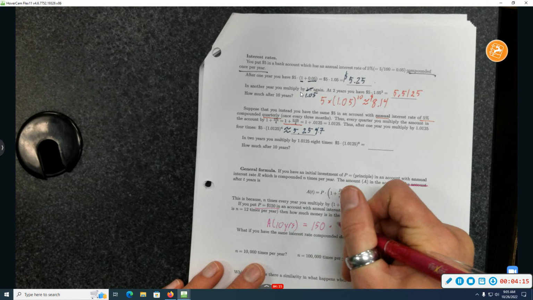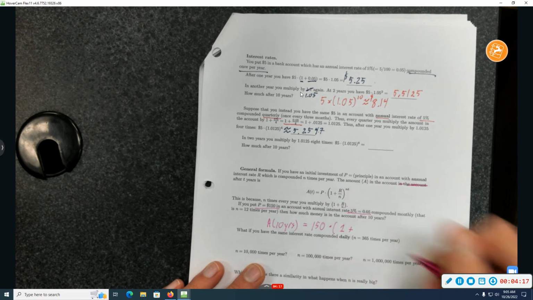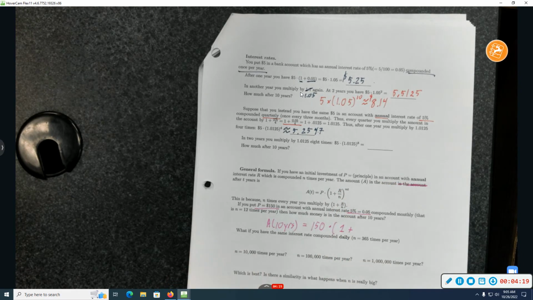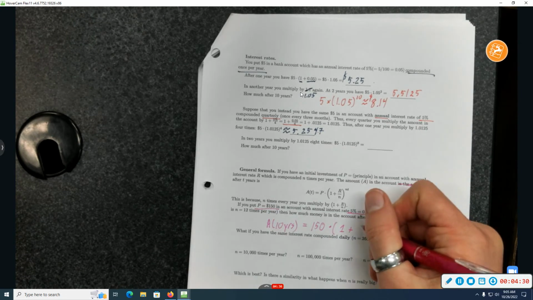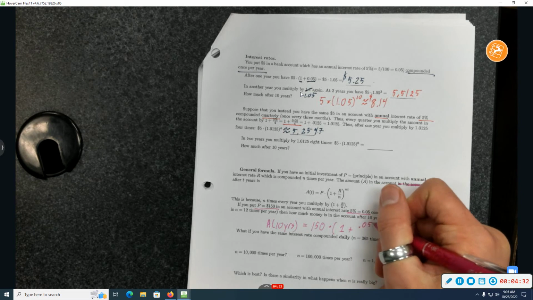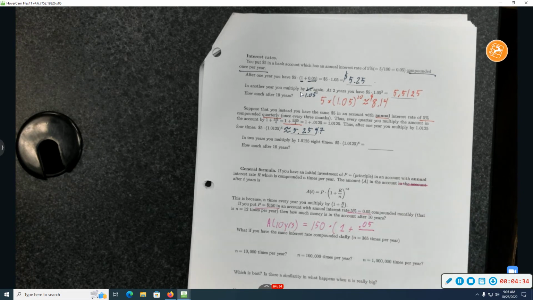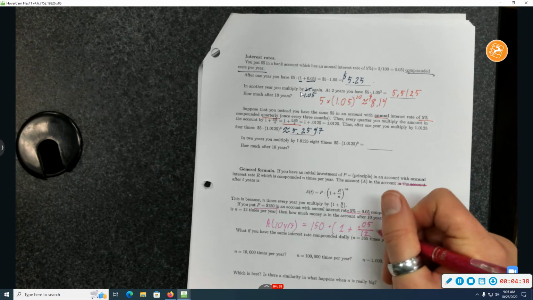$150 multiplied by 1 plus, what's the interest rate? 0.05, because it's 5%, and percent literally means per 100, so 5 divided by 100. How many times am I compounding it per year? 12 times.